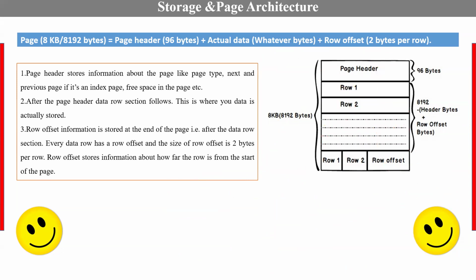Is there any possibility of multiple page sizes in a single database? Because in Oracle we can apply multiple block sizes in the same database itself. So that kind of possibility is not there in SQL Server, right? No, only one page size.